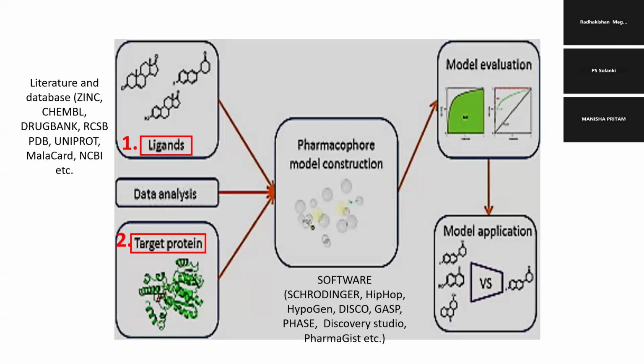Once you design your model, you have to check what its sensitivity and specificity are, and whether it is working or not. For that, you can use the 20% of data. Based on that, you can use some other library and identify some good lead molecules.